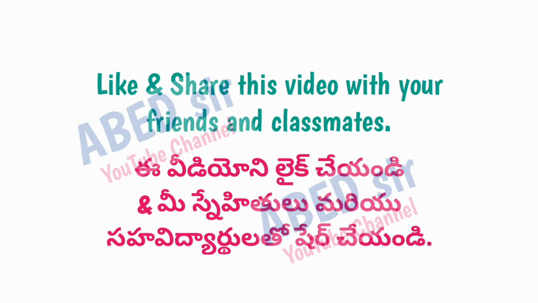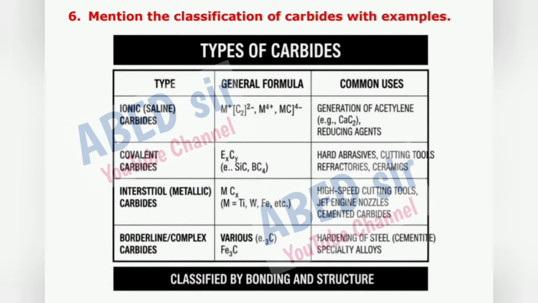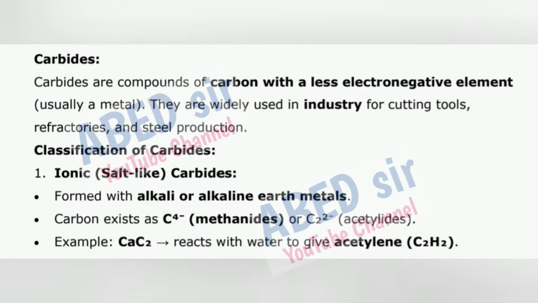Next important short question: 6. Mention the classification of carbides with examples. Carbides are compounds of carbon with a less electronegative element, usually a metal. They are widely used in industry for cutting tools, refractories, and steel production.